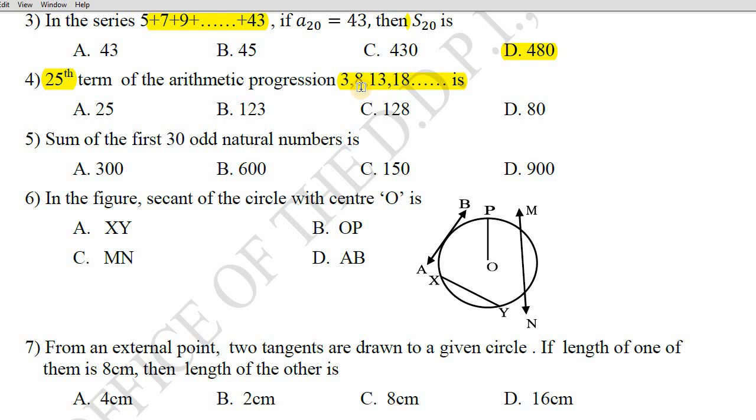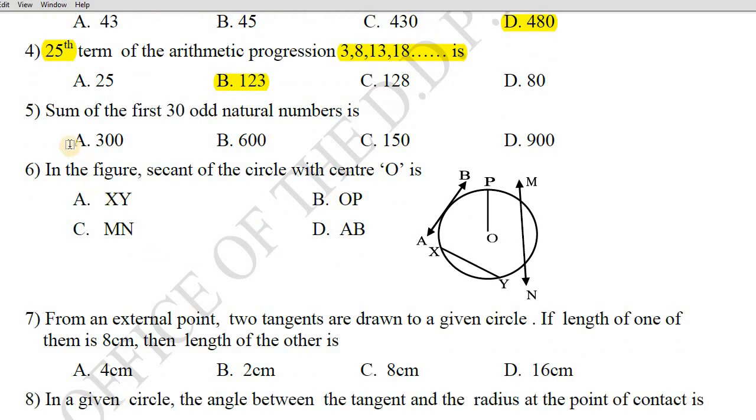And D value is 8 minus 3, that is 5. So A is 3 and D is 5, and N value is 25. So the 25th term we can write by using the nth term formula An equals A plus N minus 1 into D. Otherwise, if you want to save time, better you use the formula A plus 24D. In that way you can quickly get the answer. So for this question, answer is 123. Option B is correct.